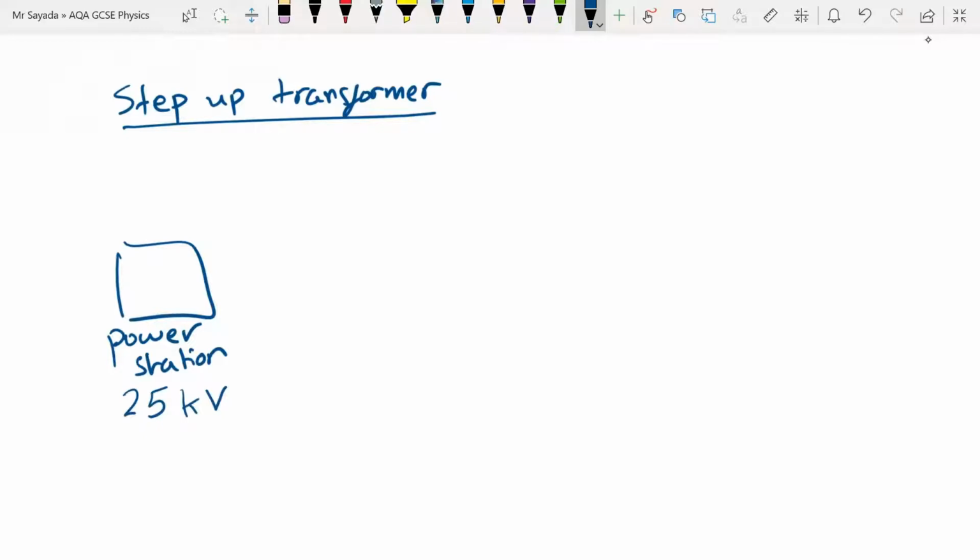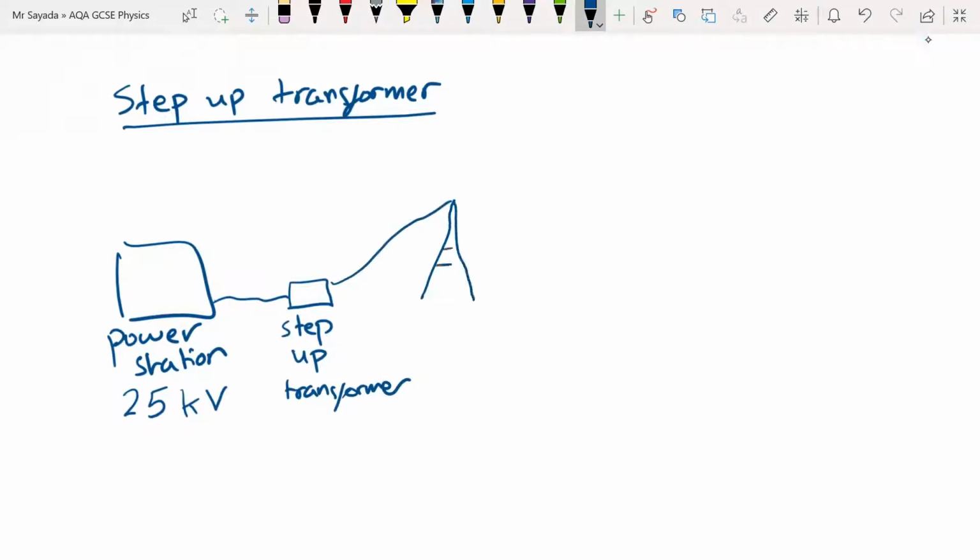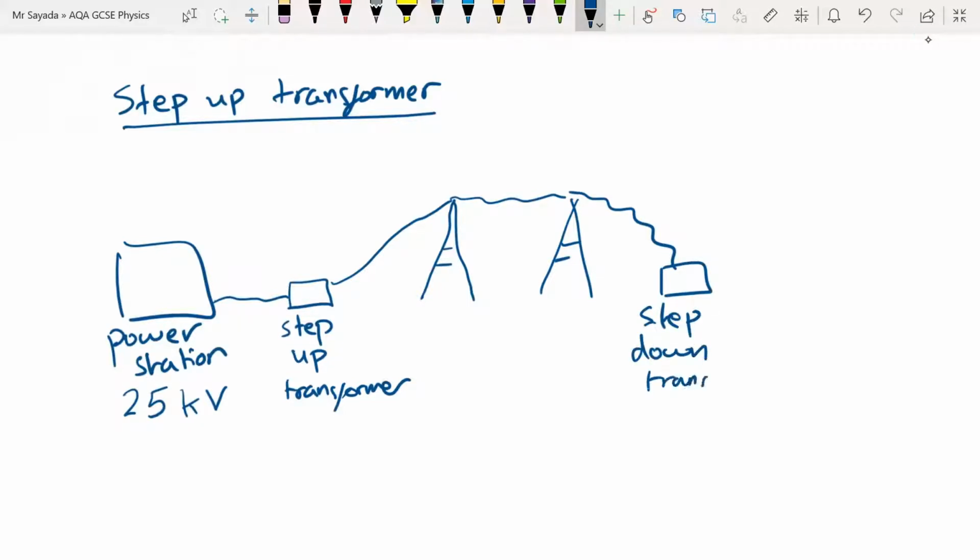And then that electricity from the power station goes into a step-up transformer. And from there it goes into the electricity pylons. And then it goes into this thing called a step-down transformer. And then to the consumer, so maybe your home.